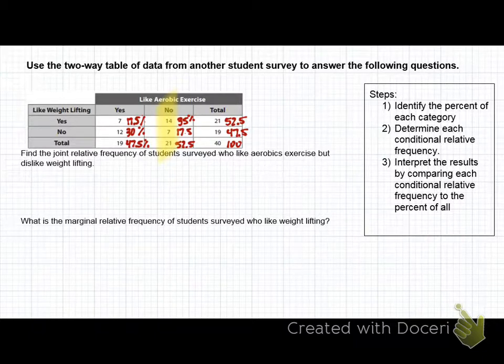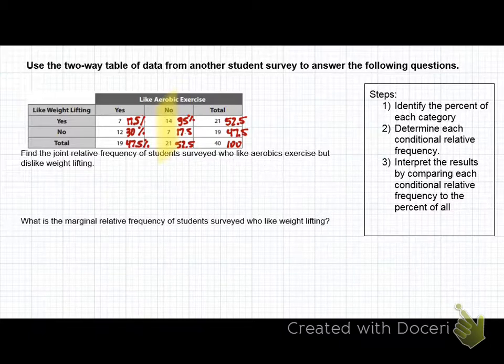Given those people, how many like weightlifting? 14. So what is that percentage? Now we have to do a new percentage, right? Good, 66.7%, right? Or 2/3, right? Does that make sense? So did we use the 100%, like the 40 students, in that example?